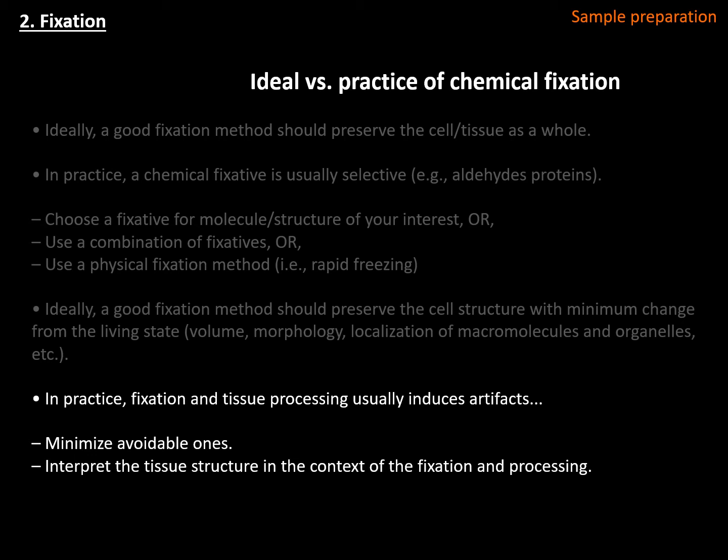They change the volume and the morphology, so you should work to minimize them. This can be achieved by decreasing the temperature or diminishing the time of fixation, but in the end you always have to interpret the tissue structure in the context of the fixation and the process.